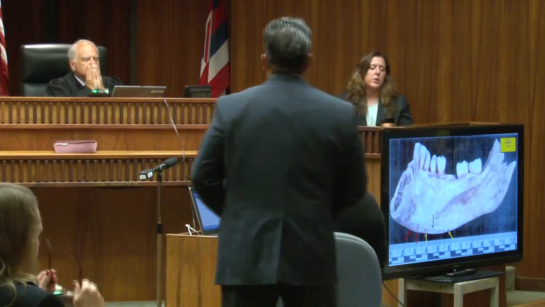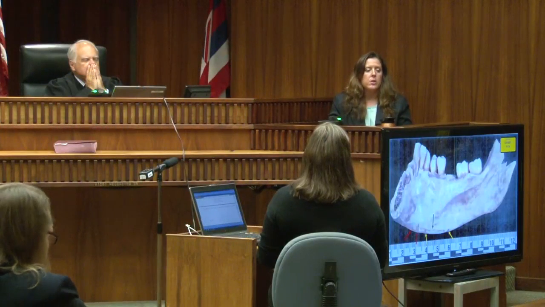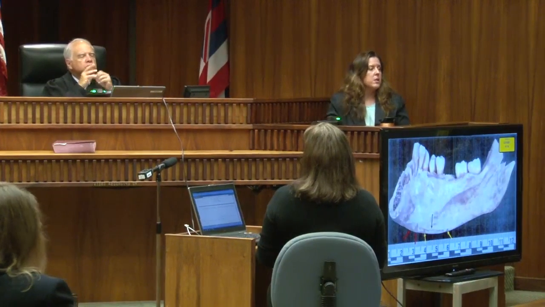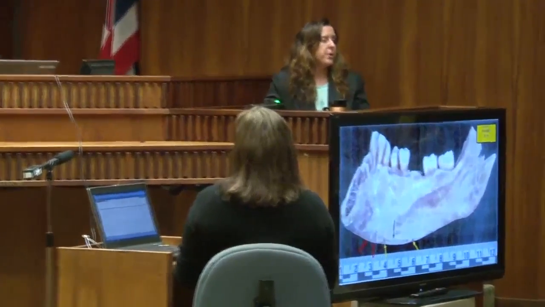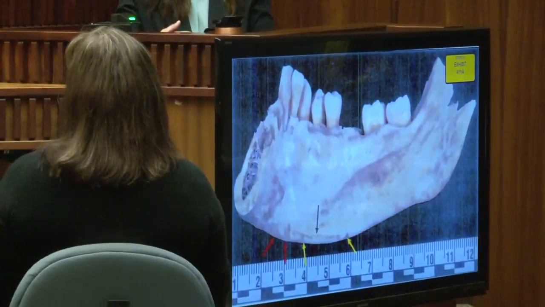Yes, all of the marks that are observed on the lingual surface of the mandible are most consistent with an inferior to superior direction. So as if you went from underneath, the bottom portion of the mandible.